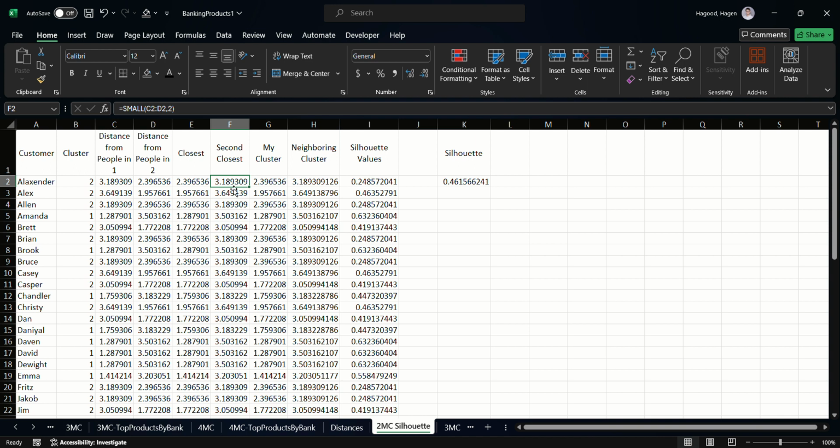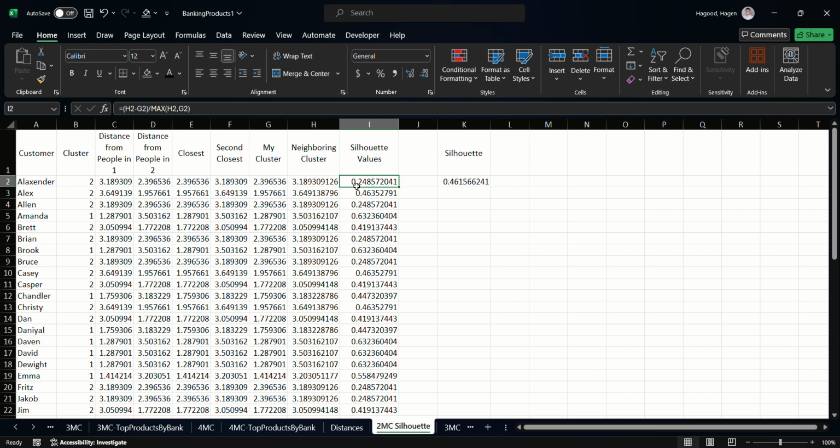In this example, it's the farthest away because there are only two clusters. Then I calculated the cluster it was in by using the index formula. I then calculated the neighboring cluster by using the if formula. For this example, it was basically the cluster it wasn't in, because there are only two clusters.